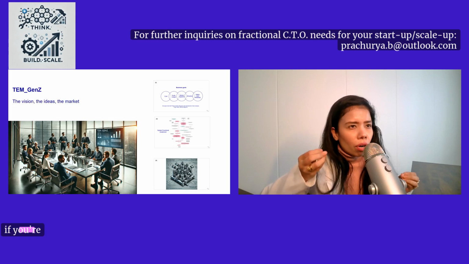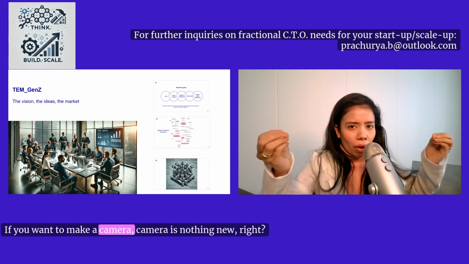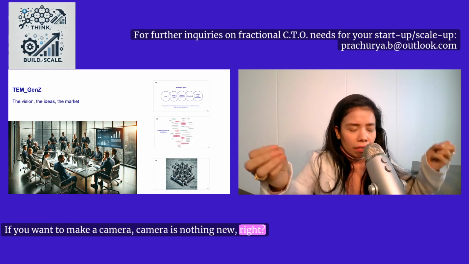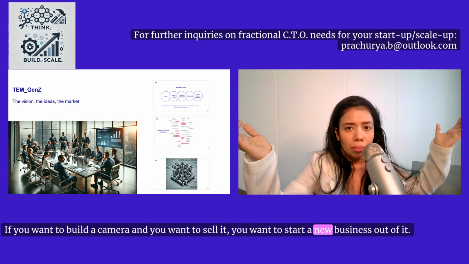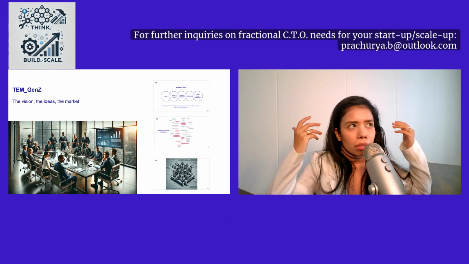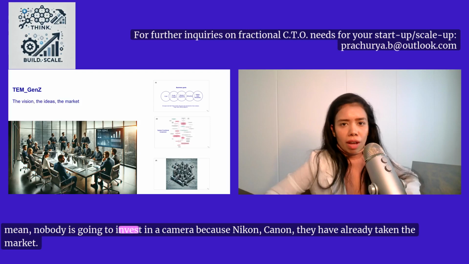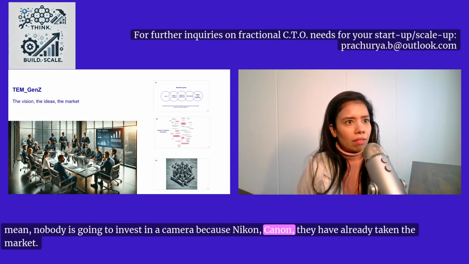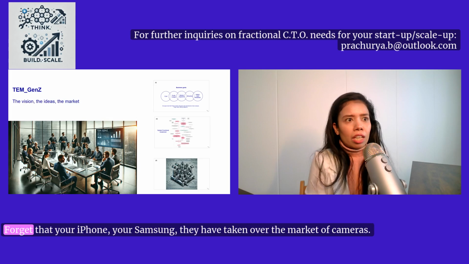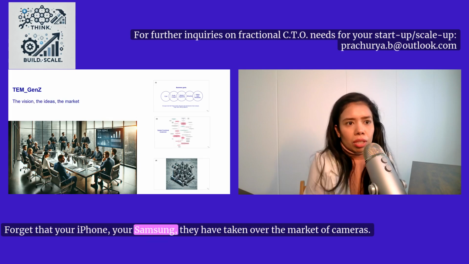If you want to make a camera, it's nothing new, right? If you want to build a camera and sell it, you want to start a new business out of it, nobody is going to invest in a camera because Nikon, Canon have already taken the market. Forget that. Your iPhone, your Samsung, they have taken over the market of cameras.